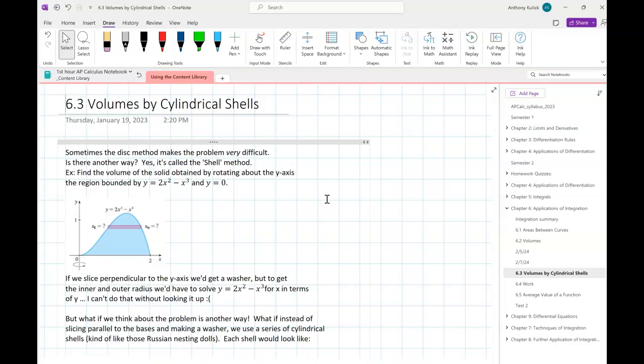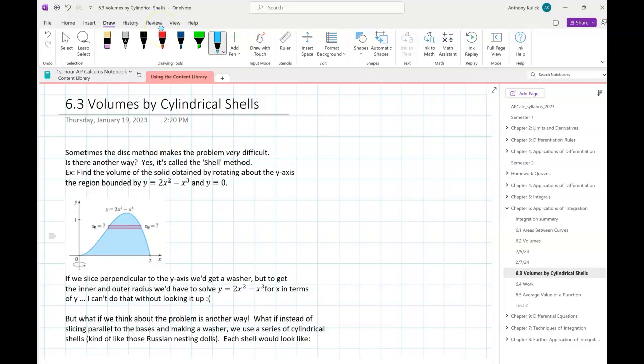So let's say we have this problem. Let's say we wanted to find the volume of the solid obtained by rotating about the y-axis the region bounded by y equals 2x squared minus x cubed and y equals 0. So basically we have this shaded region, right?